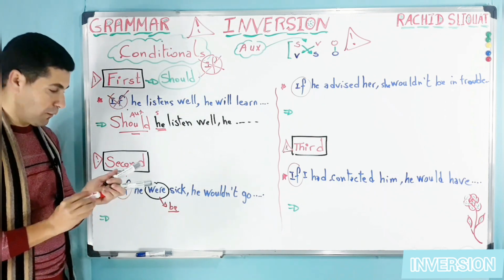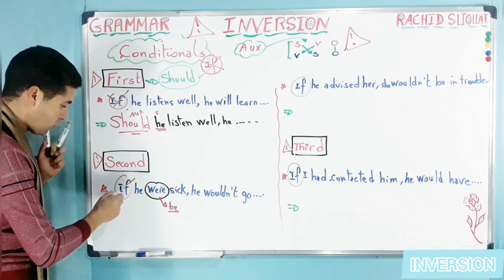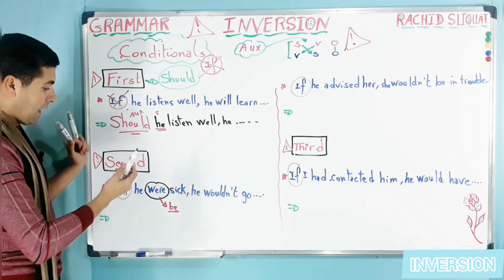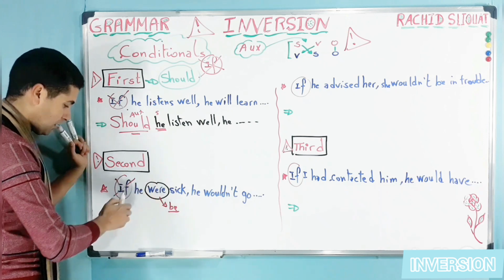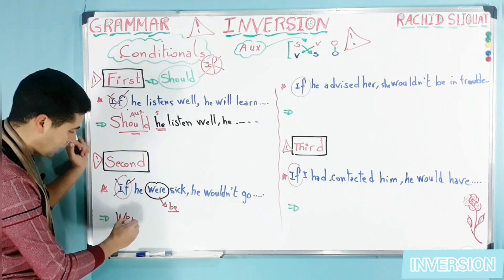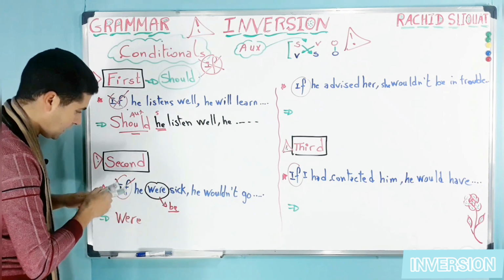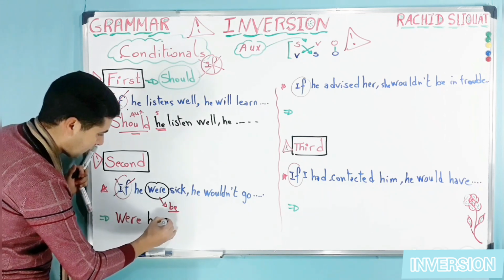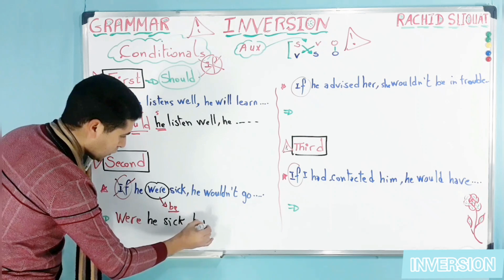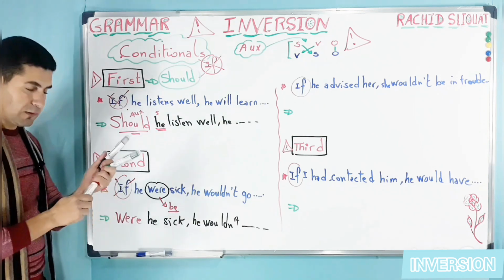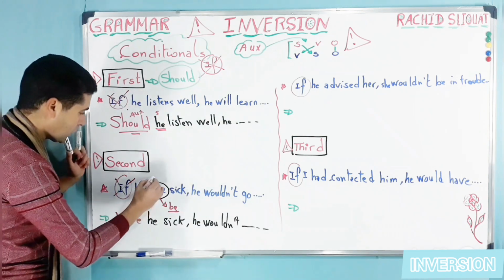So if we want to inverse here, we are going to remove if, as I already told you, and we inverse this verb be with he. So we say were he sick, were he sick, he wouldn't. Okay, so here as you can see, we inversed he with were.